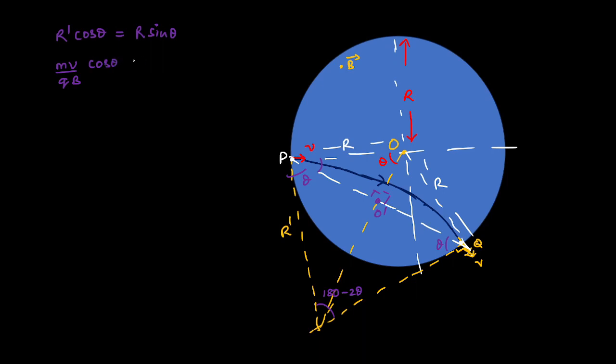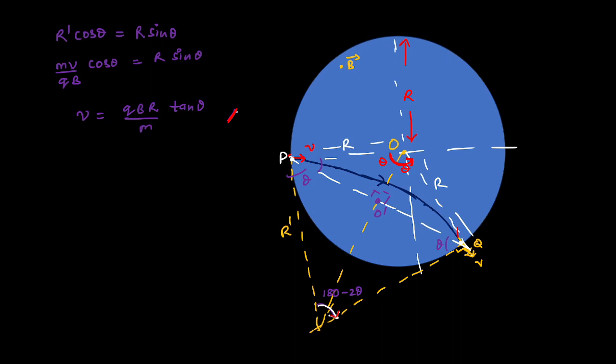So R dash cos theta is equal to R times sine theta. Anyhow, we are interested in this v, so v can be written as qBR by m times tan theta. So this is our expression, okay?